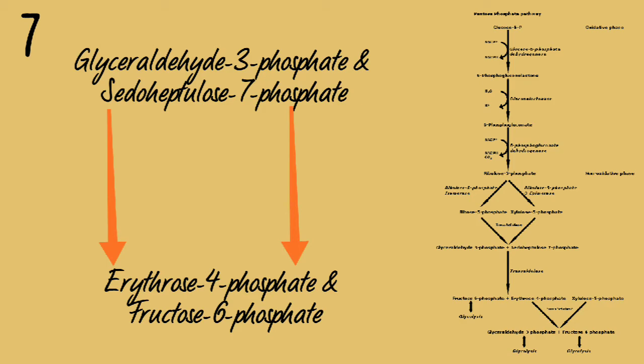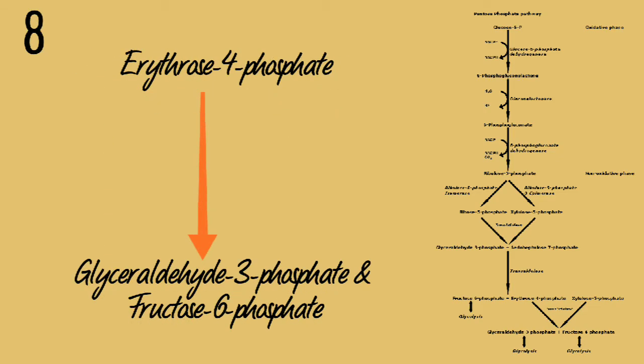It transfers a 3-carbon group from sedoheptulose 7-phosphate to C1 of glyceraldehyde 3-phosphate, converting them respectively to erythrose 4-phosphate and fructose 6-phosphate.